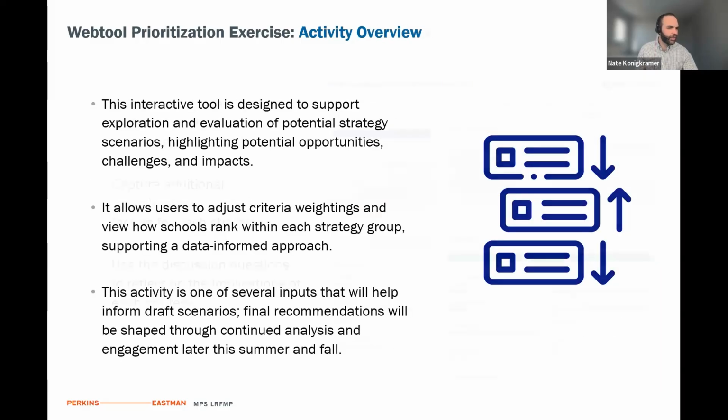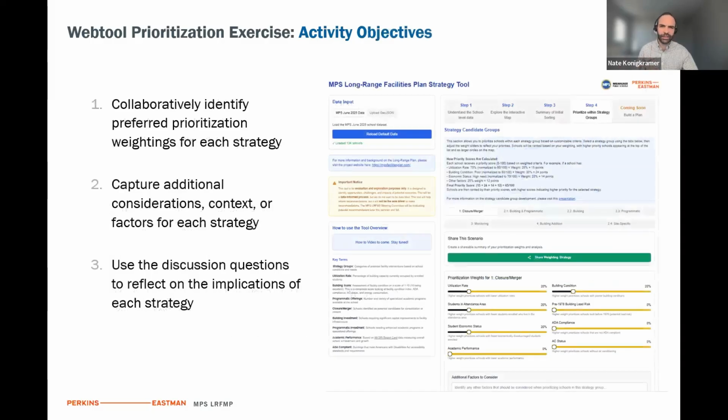So before we move into this activity where we talk through each item, what we'd like to do is spend time, if possible, going through each of the strategy candidate groups that have weighting available and working, in the small breakout room groups to try to determine collectively what feels right.